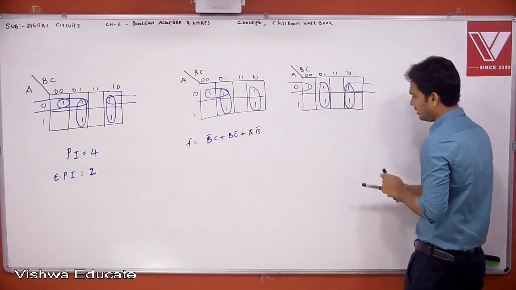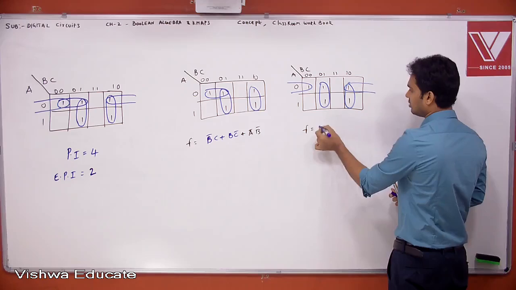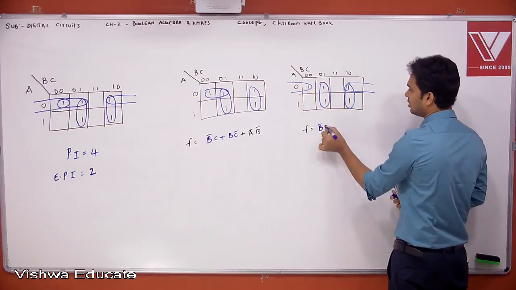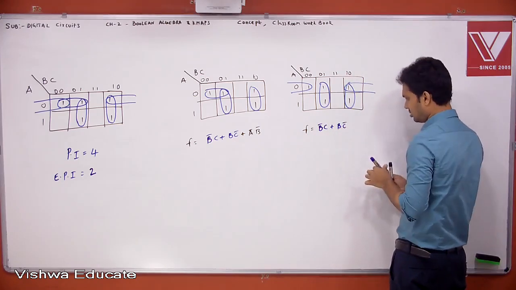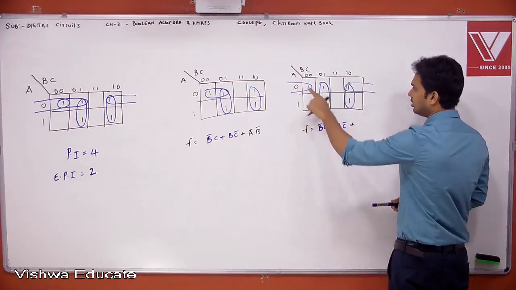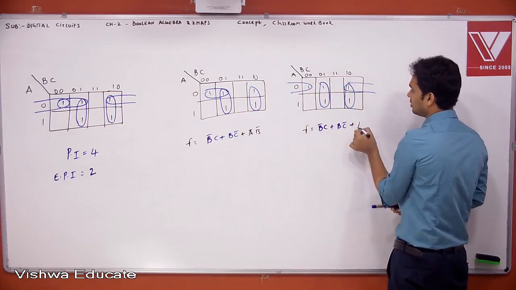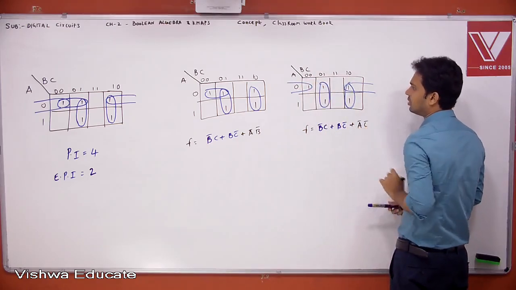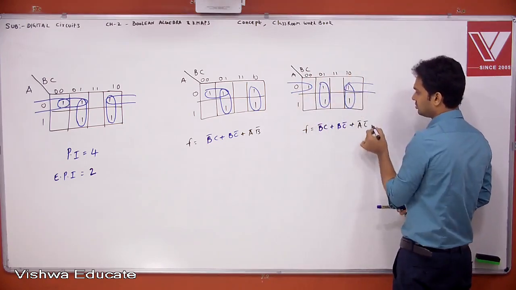Next, here it is B bar into C plus B into C bar plus A bar into what is common here and here, C bar. A bar into C bar.